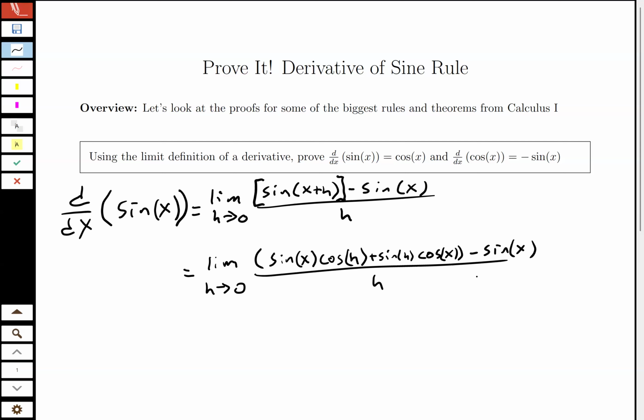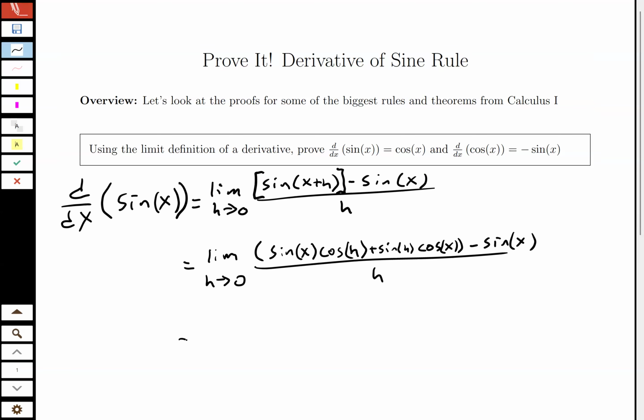And I can see some pieces of this that look kind of nice, but other pieces look like there still might be some things missing or going on. So let's see what we can do here. I'm looking at the limit as h goes to 0, sine of x cosine of h minus sine of x.